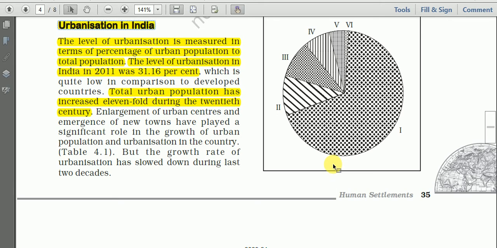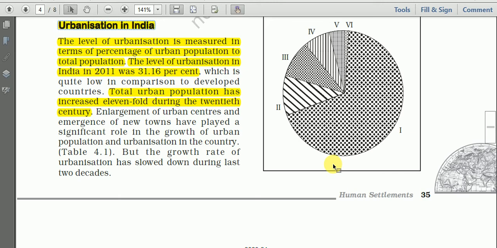Okay, let me remind you. Urbanization means an increase in the proportion of people living in urban areas.